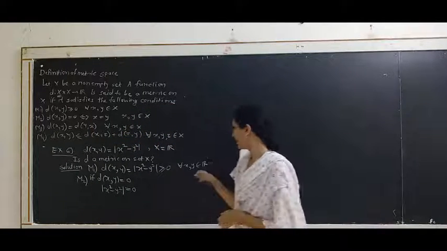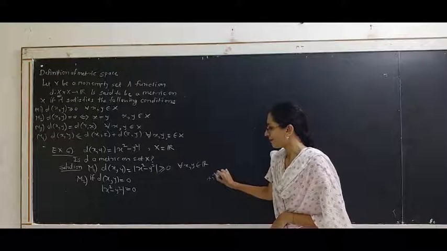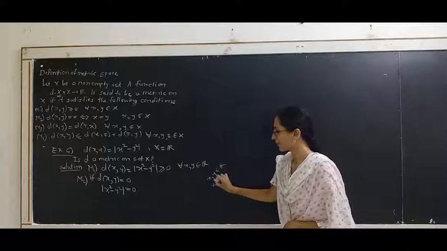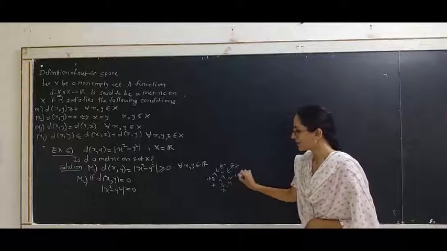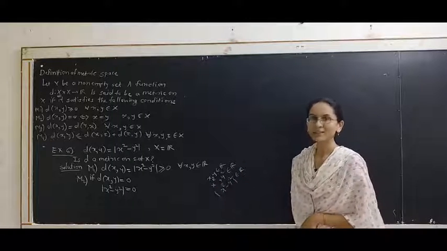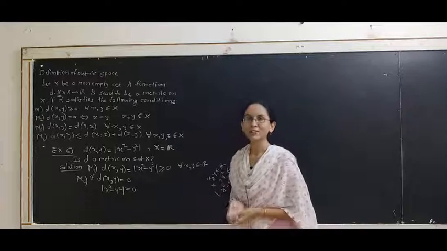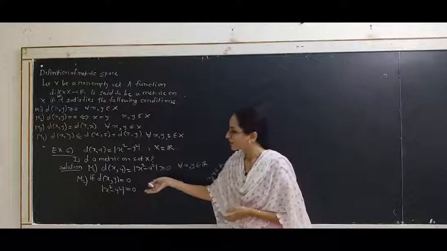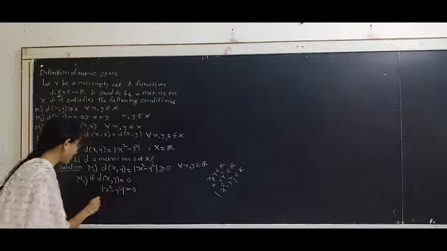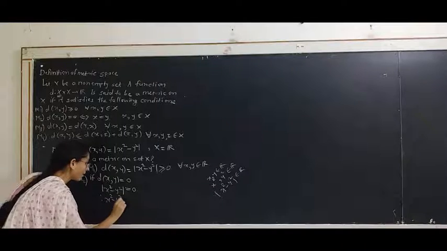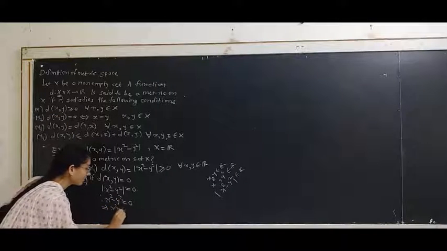Since x and y are real numbers, their squares are also real numbers and the difference is also a real number, hence its modulus is a real number. Now the modulus of x square minus y square is equal to 0, which means that the real number inside the modulus must equal 0. Therefore x square minus y square is equal to 0. This means x square is equal to y square.